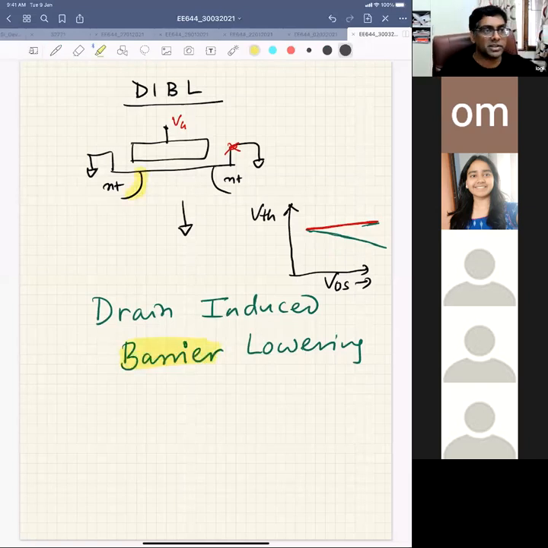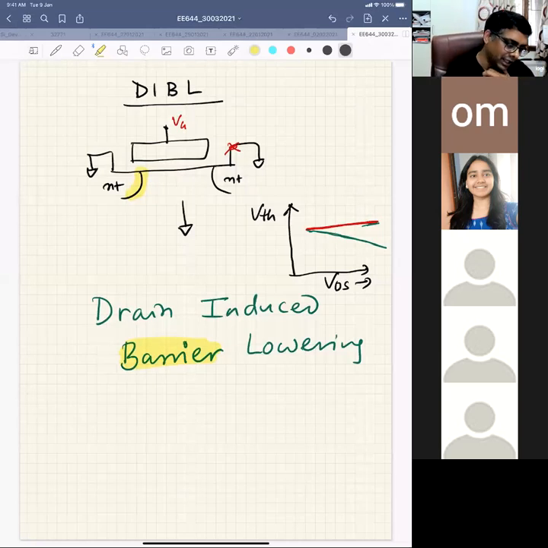This barrier is responsible for electron injection, and we know that this barrier is controlled by the gate voltage. If you change the gate voltage, this barrier will change, so electrons are coming and we are getting inversion. That is the gate control.